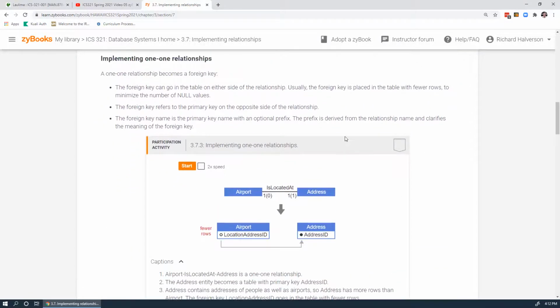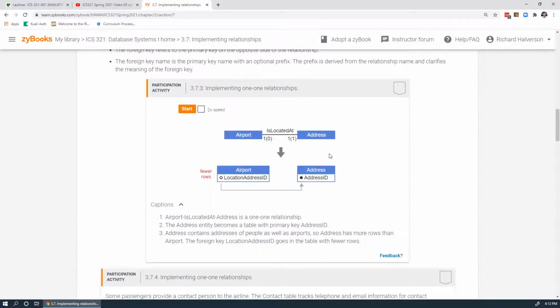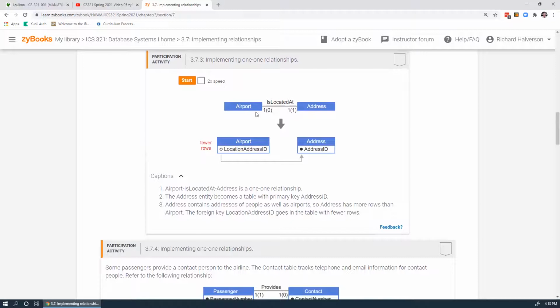Implementing one-to-one relationships. The foreign key can go in the table on either side. Usually the foreign key is placed in the table with fewer rows to minimize the number of null values. The foreign key refers to the primary key of the opposite side of the relationship. So you've got these addresses and airports. You can do whatever you want here, really.